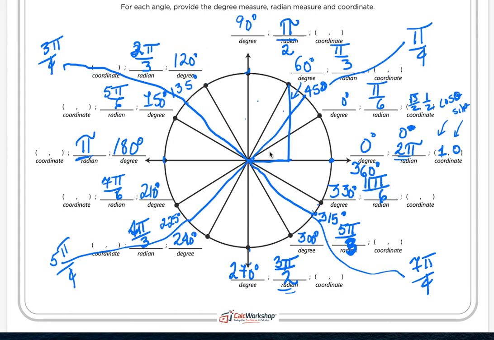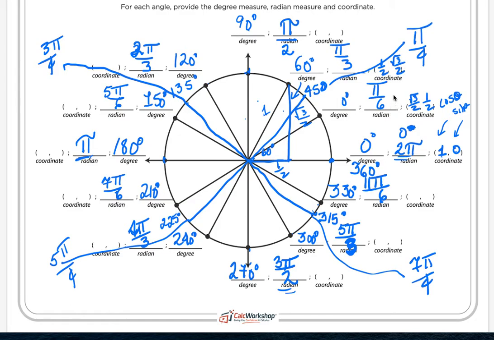So my cosine here of 60 degrees is going to be the adjacent over the hypotenuse, which is 1, right? Because it's a unit circle. And so we said that if this is 1, then the short side's half of the hypotenuse, right? And the long side's the square root of 3 over 2. So it's the square root of 3 times the short side. And so that means that my cosine of 60 degrees is equal to a half. And my sine is going to be the square root of 3 over 2.